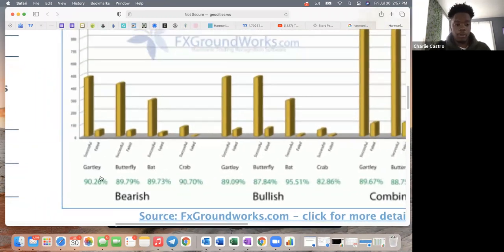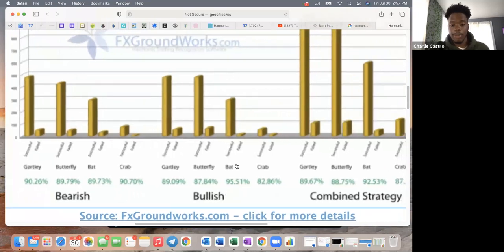A bearish crab or bearish Gartley has a high success rate, over 90%. You can see here, this is 90.26 and 90.70. You can see the bullish bat pattern and the bullish Gartley pattern. The Gartley pattern gives you 89%. The bat pattern is over 95% when it's bullish.